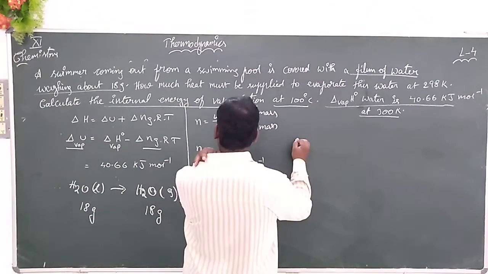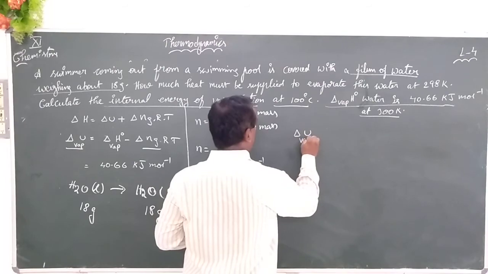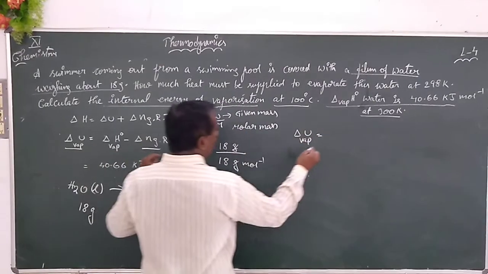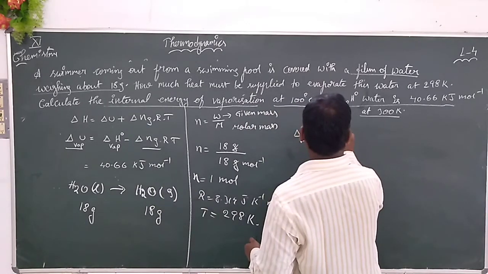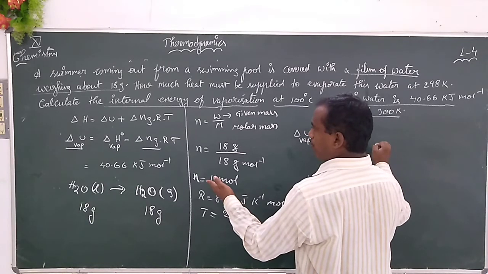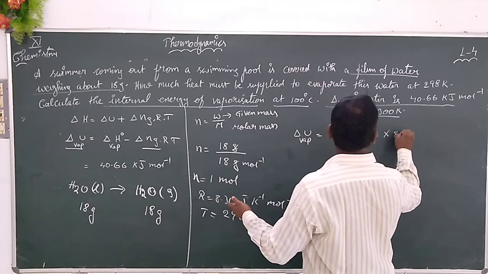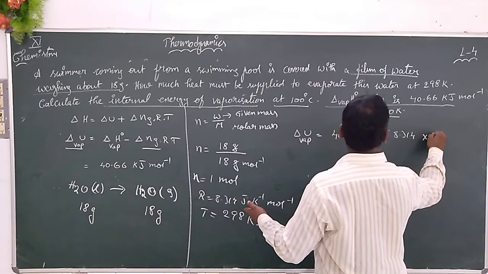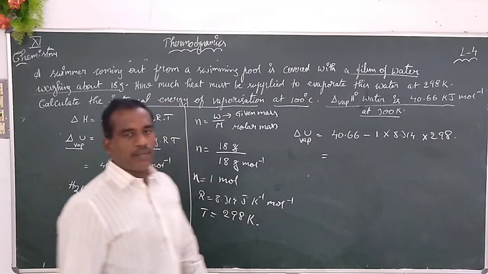Delta enthalpy of vaporization is equal to change in enthalpy, 40.66 minus 1 into 8.314 into 298 Kelvin. So you can solve this type of problems.